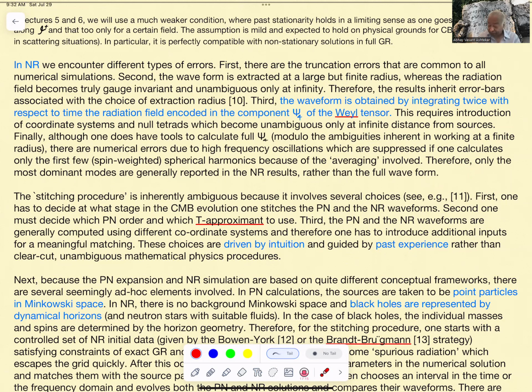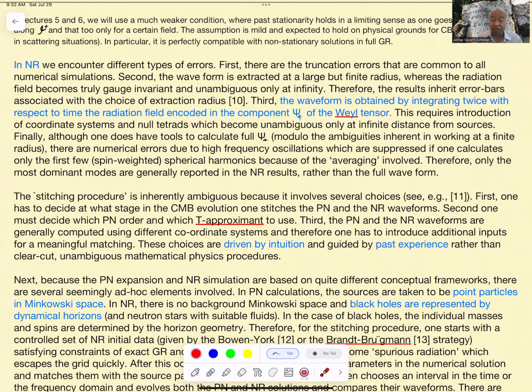So that is what one is actually calculating. And since l is just equal to 2, I'm really averaging out. When I do the averaging with just Y_lm, rather than l equal to 1,000 or l equal to a million, the high frequency oscillations that will occur on the two-sphere are suppressed, because of the averaging involved. Therefore, only the most dominant modes are generally reported.